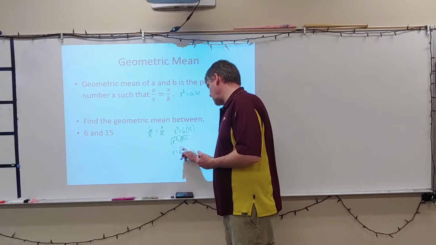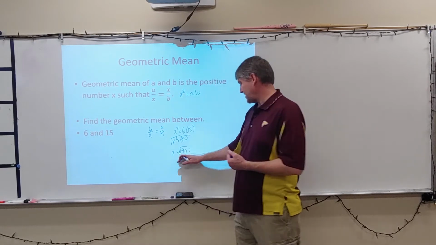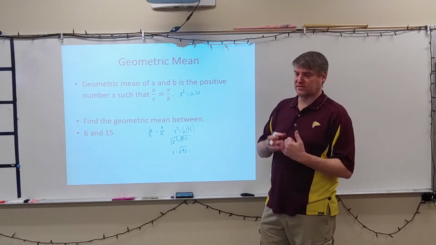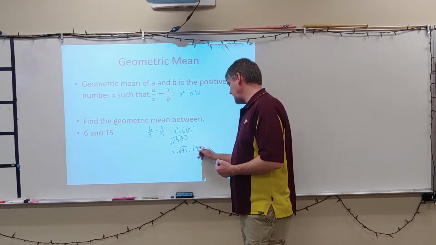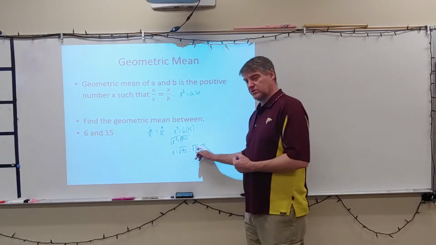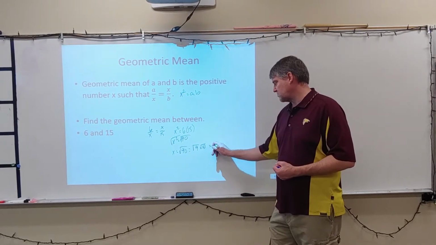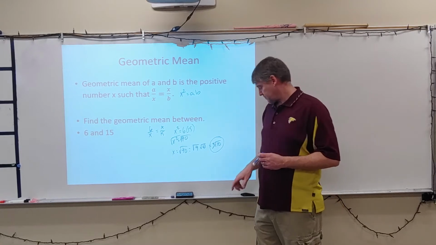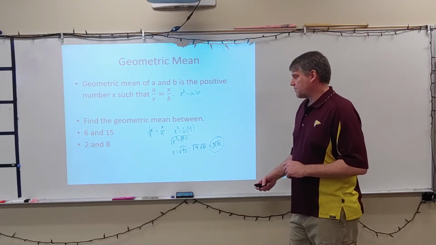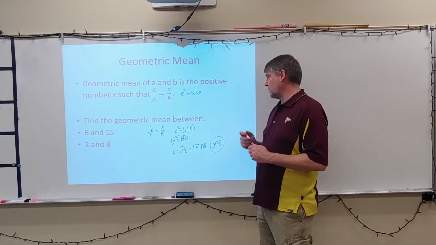X equals the square root of 90, which is going to give me, so 90 does not have a very nice square root. I'm going to break that up into 9 and 10. We know the square root of 9 is 3, so this gives me 3 square roots of 10. There's my answer.